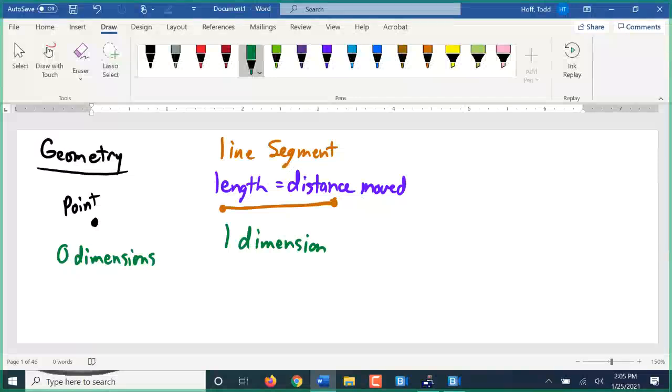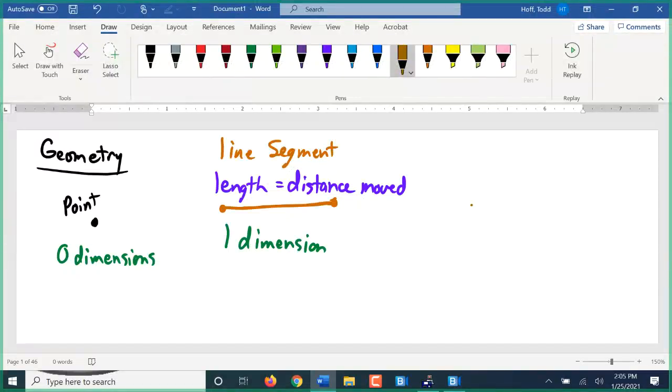It's measurable in one direction. Also, if I'm on this segment, I can only move in one direction. Now you might say, well, I can move right or I can move left, but that's still just one direction. It's the positive and negative of that direction. So it's one dimensional. That is how length is created, by taking a point and moving it a distance to create that length.